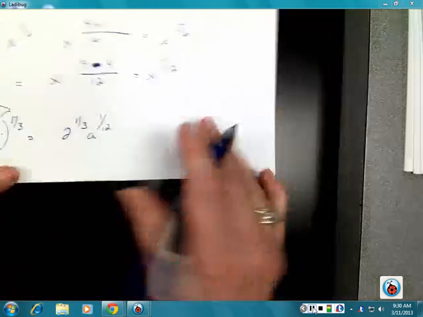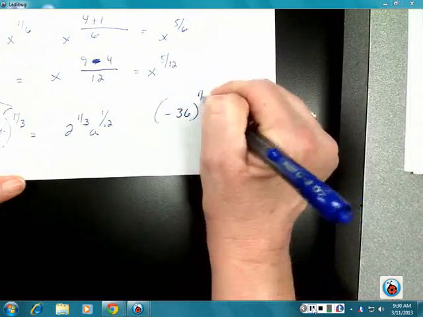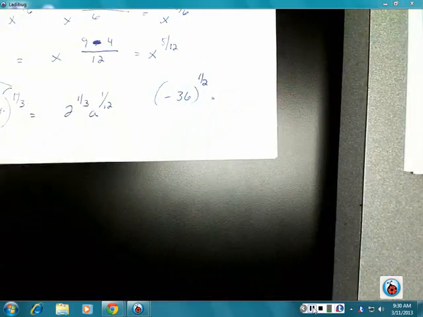How about negative 36 to the 1/2 power? Can I do that one? Yes or no? What do you think? Can I do that piece?